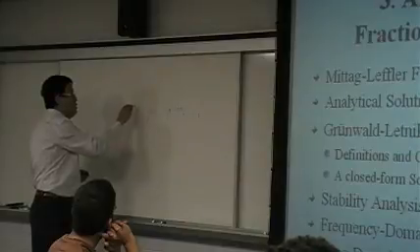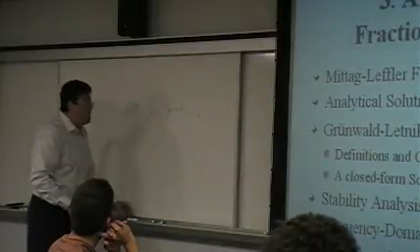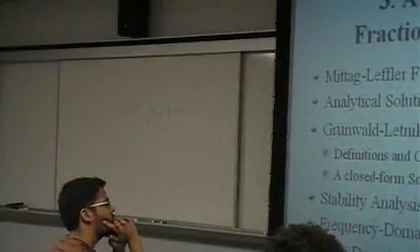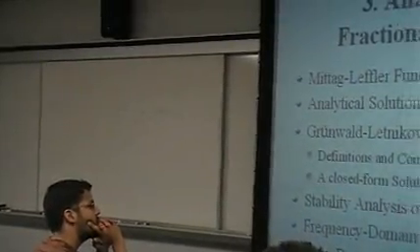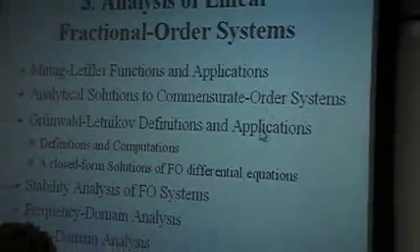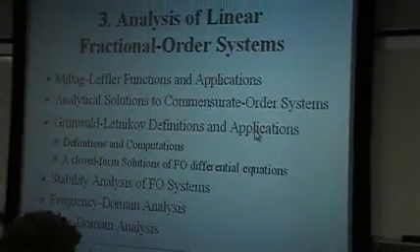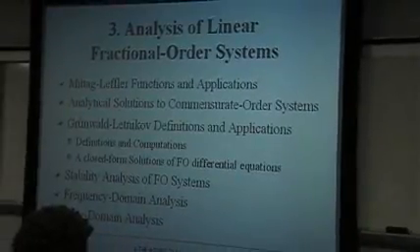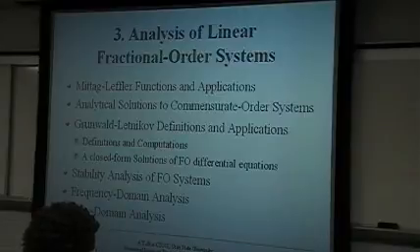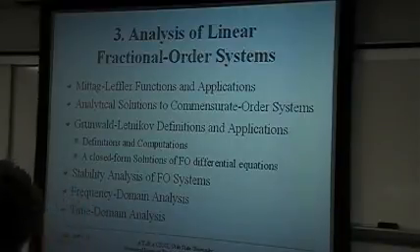So we call it a commensurate order system. And there are limitations in this part. The method presented here is only for commensurate order systems. We can analyze the time response, step response and impulse response of the system, and we can get analytical solutions to the problems.